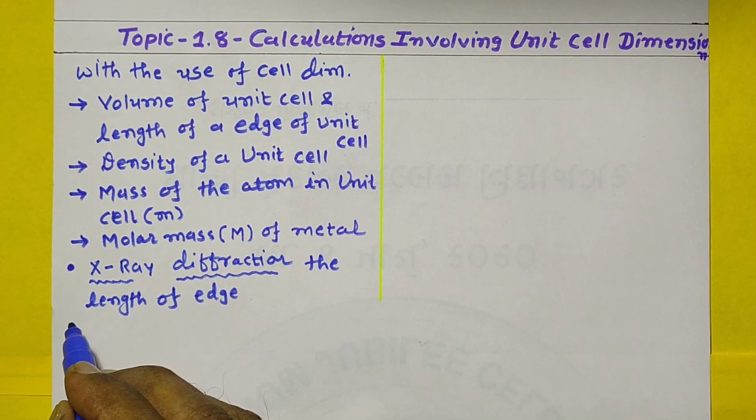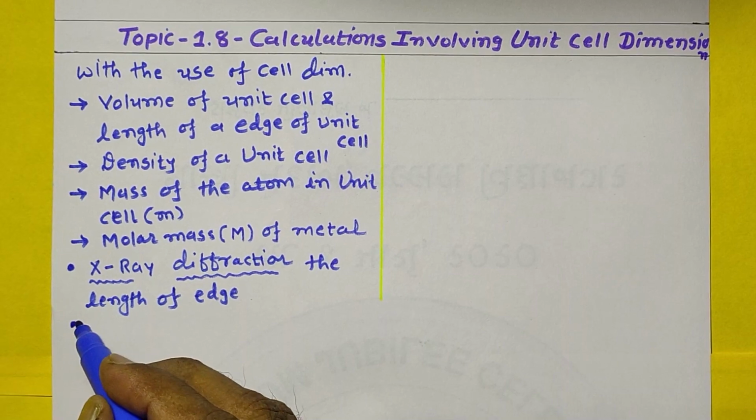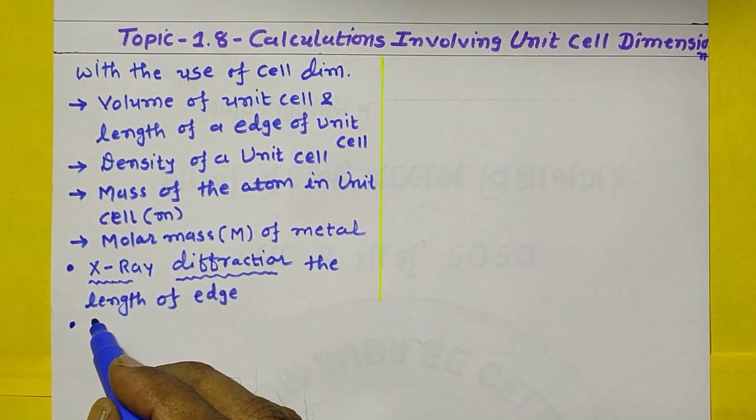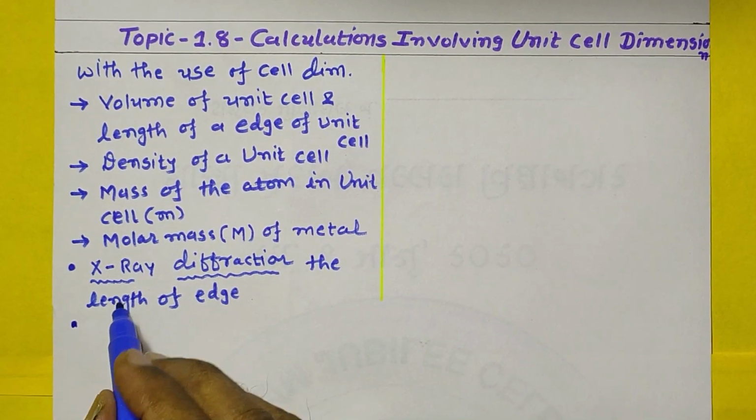How? For that we should have some basic prior information regarding the density, the mass, Avogadro number, volume of unit cell, etc.